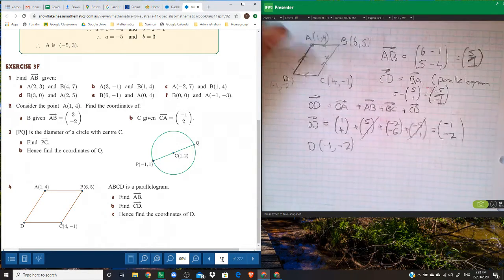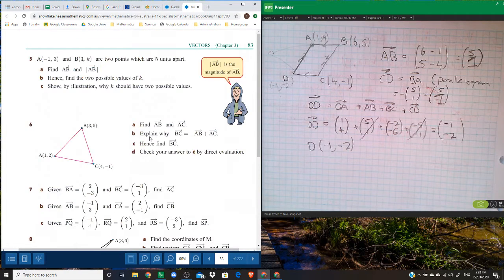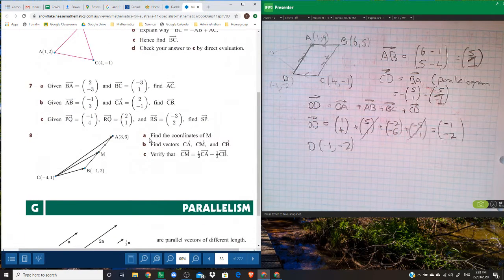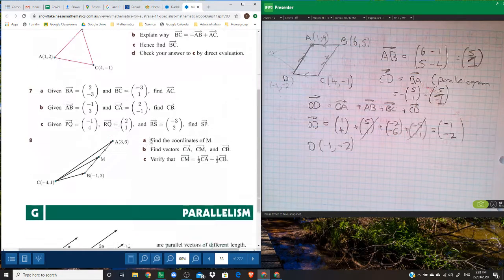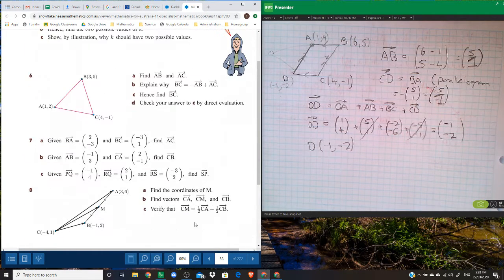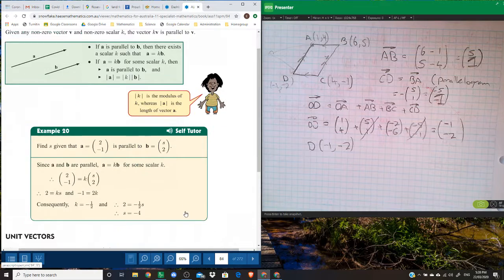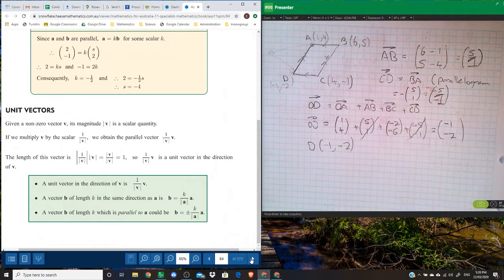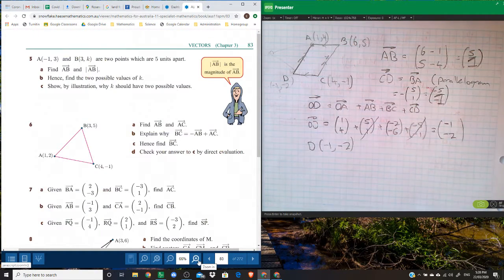Okay, so I think that was the list of stuff I wanted to go through. There are some more examples here, but I'll leave parallelism and the other stuff, which is unit vectors. No, I think I said that was on my list as well. Double check.